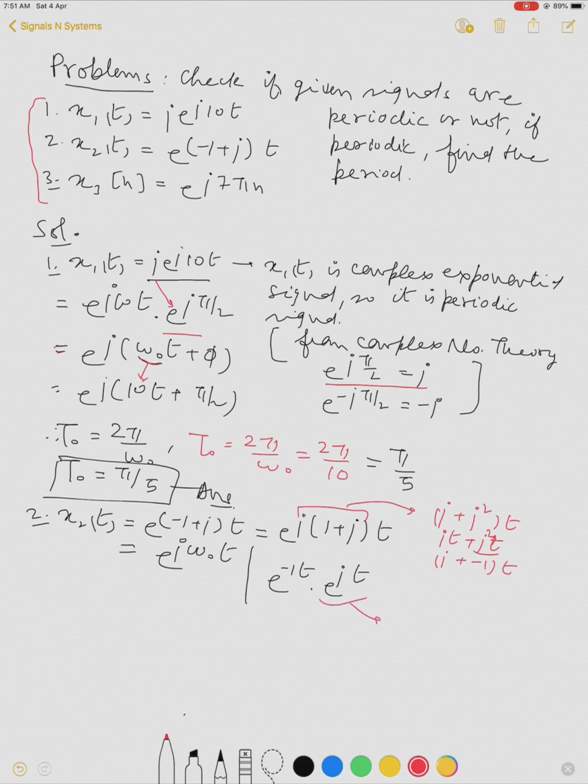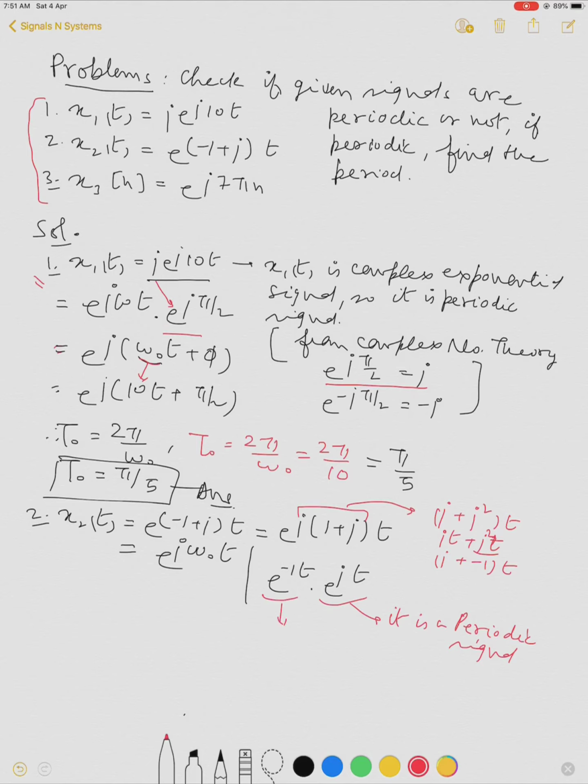From problem number 1, we know that complex exponential signals are periodic signals. Now what is this other term?